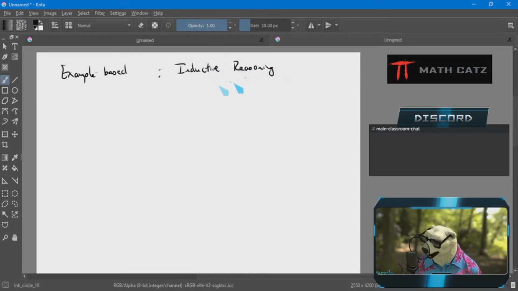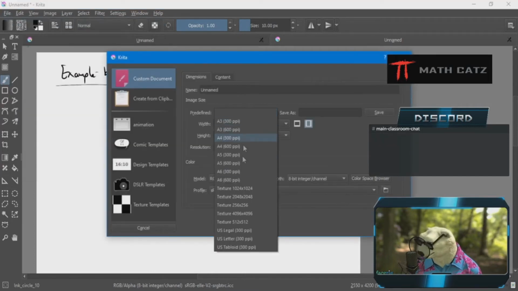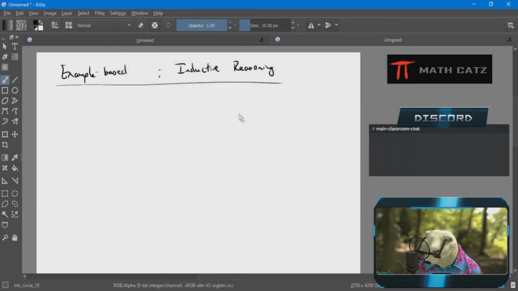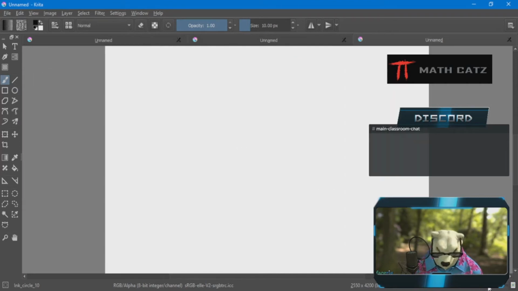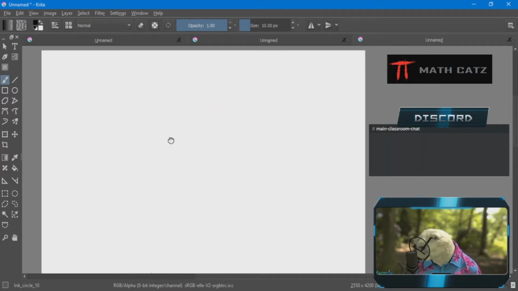Those go hand in hand. And then I'll make another page. This isn't quite the way we're doing it in the book. I think this might actually be better.